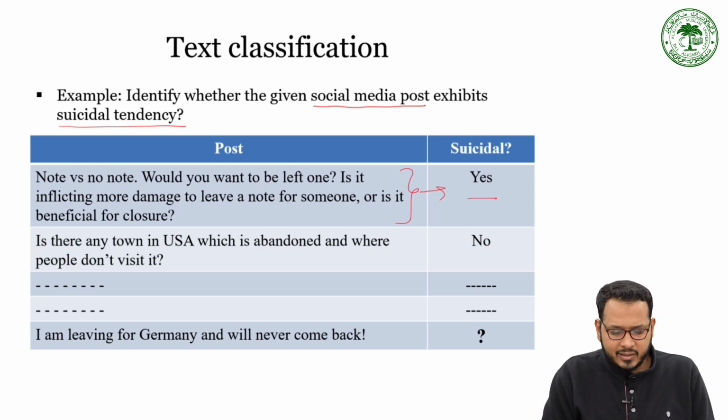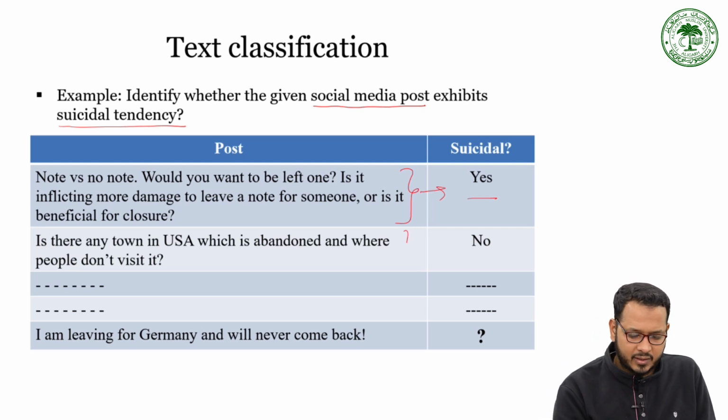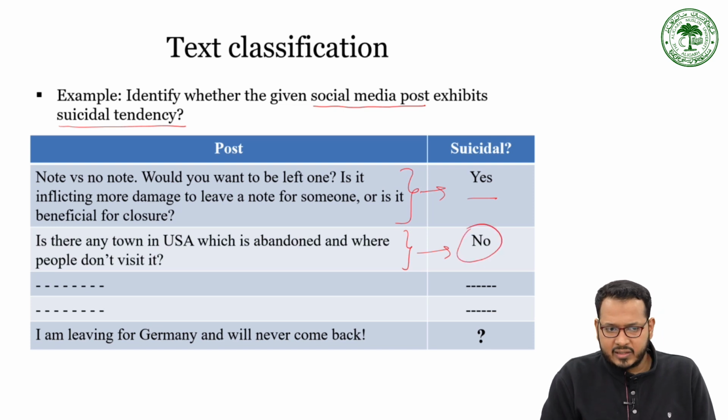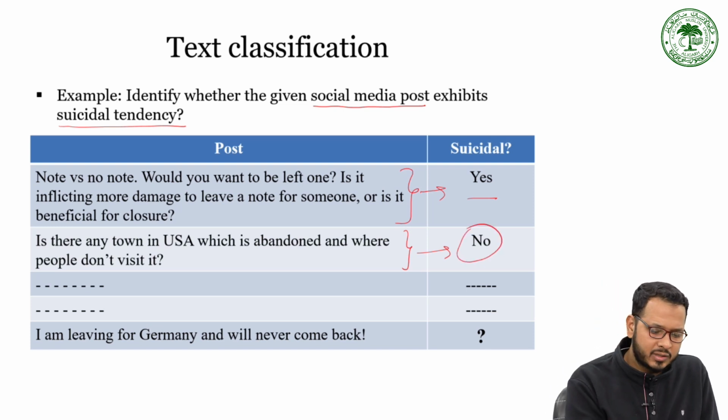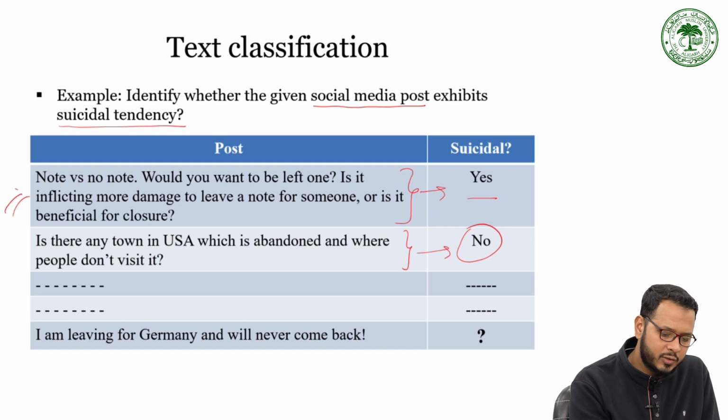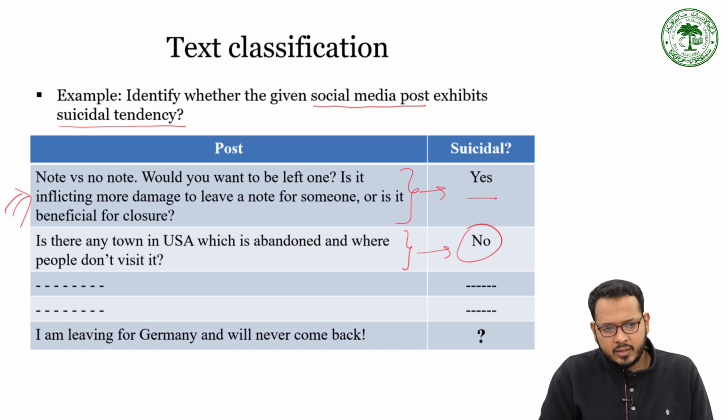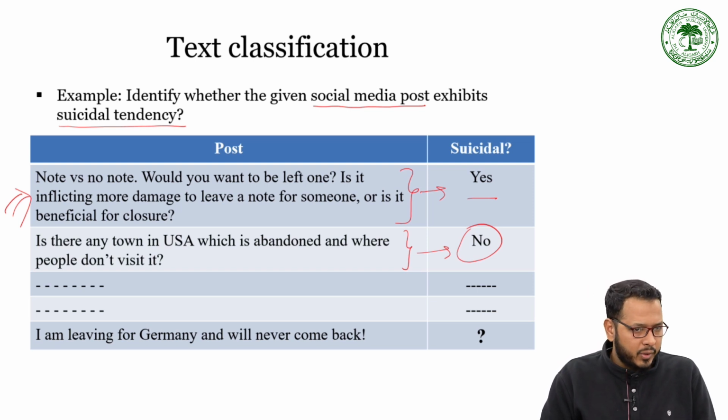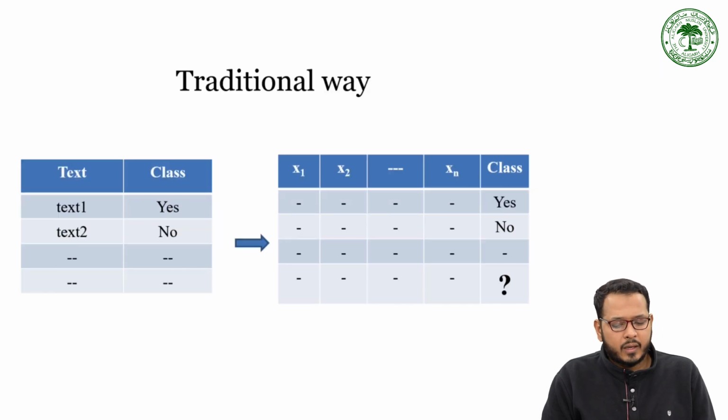That's why the corresponding class is yes. In some cases it is very straightforward, and the answer is no in this case. So we have to somehow look into these words, make sense of them, and finally do the prediction. We will see both ways, the traditional way and the deep learning way of doing the same.